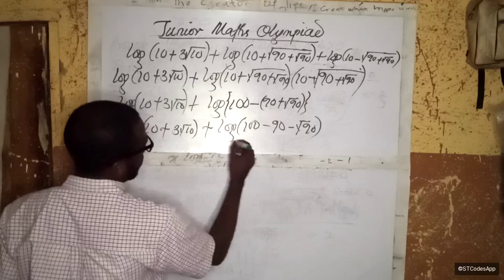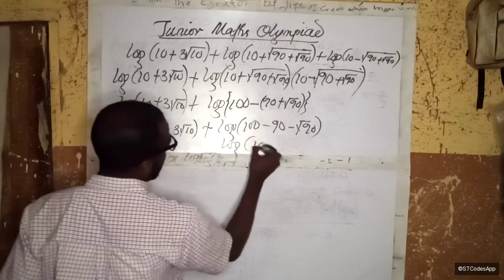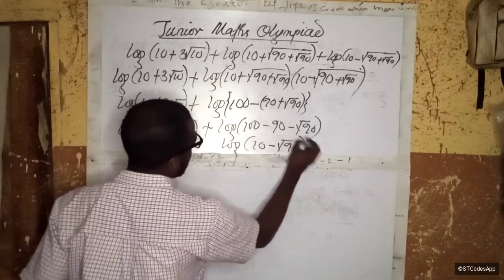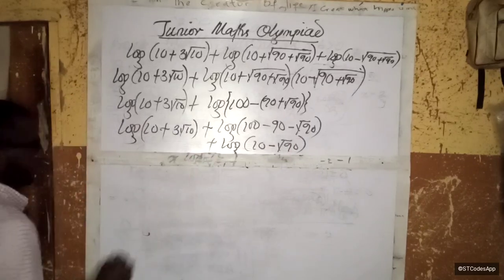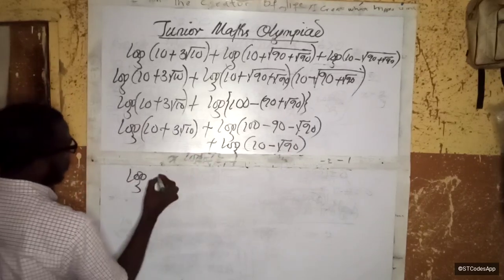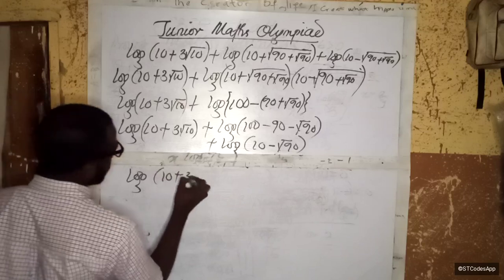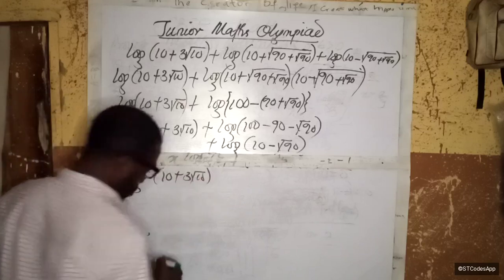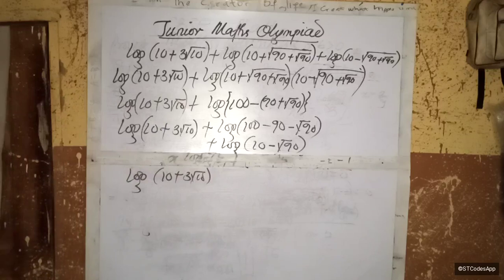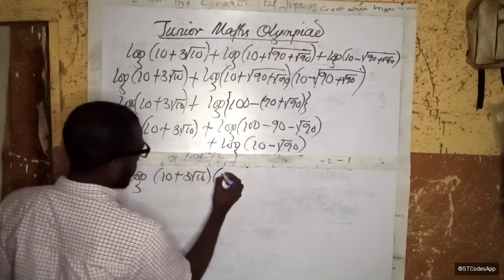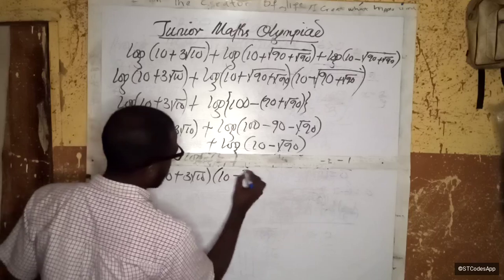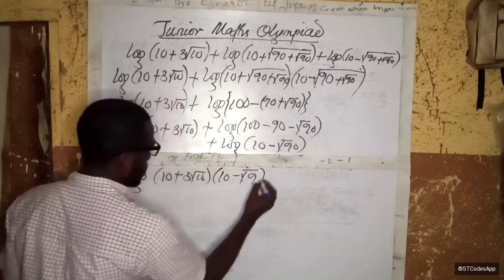Then this minus is going to give us 10, so we have log of 10 minus root 90. So from here, we can multiply these expressions again by the rule of logarithm so that we have log of 10 plus 3 root 10, into bracket 10 minus root 90.